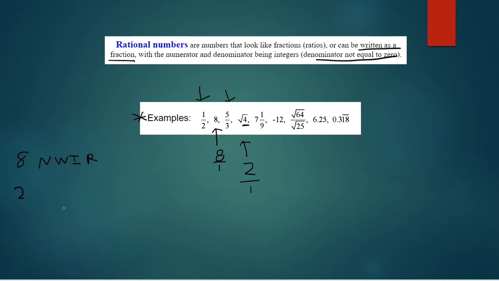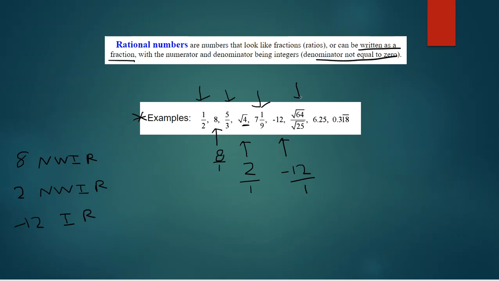So when we classify 2, we would say it's a natural number, a whole number, an integer, and it is also a rational number. 7 1/9, we would classify that as a rational number. Obviously, it's a fraction. -12, well, we know it's an integer. And it's also a rational number because -12 can be written as a fraction by putting it over 1. So -12 is also a rational number.